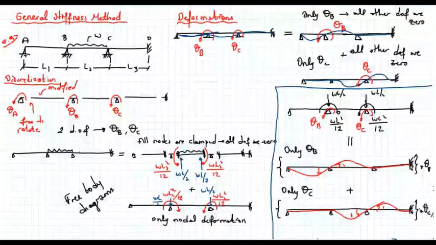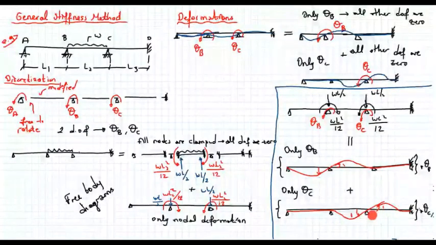When we look at these two figures, actually I know what the rotation is. Here in this figure, the rotation is unity. So by using the slope deflection equations, I can calculate the end moments of this member. Plus, I have a rotation here, and the magnitude of the rotation is also unity.